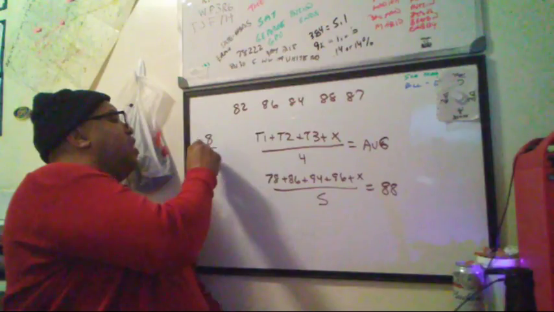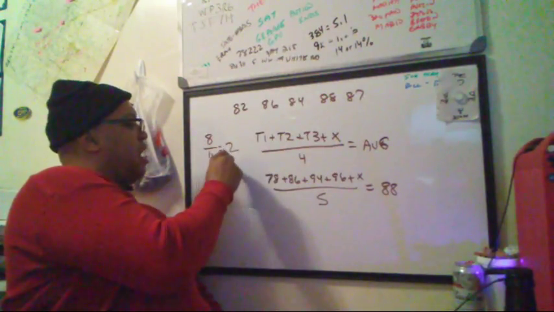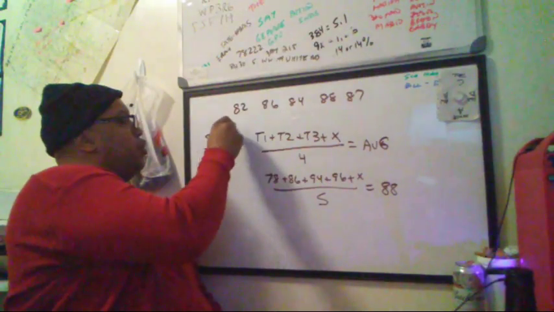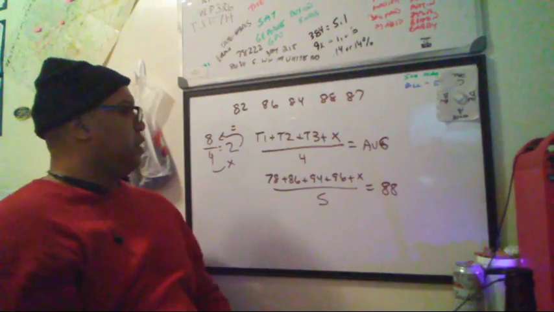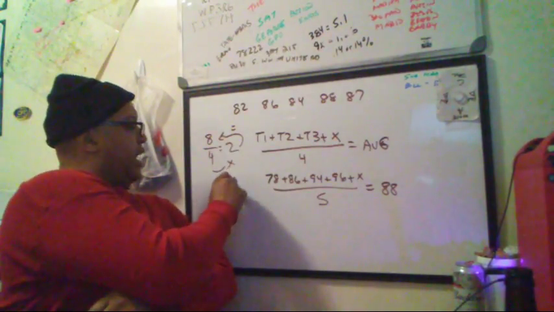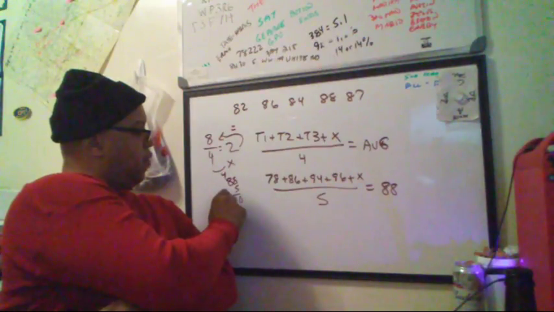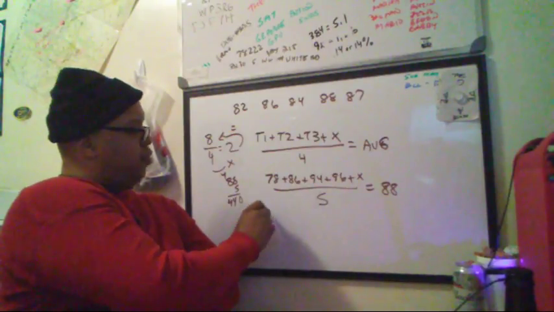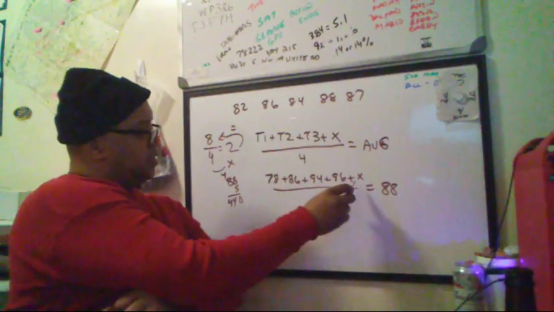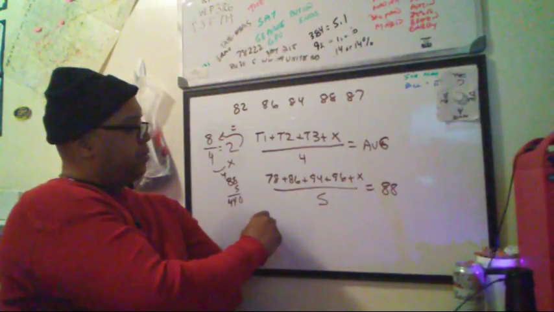Like if I had 8 over 4 equals 2, this tells me that 4 times 2 is equal to 8. So this times this is equal to this. So 88 times 5 is 440. If that is true, then all of this is equal to 440, and then we can solve for X.